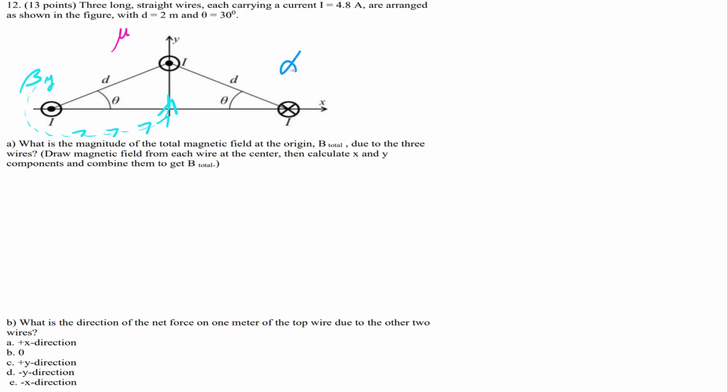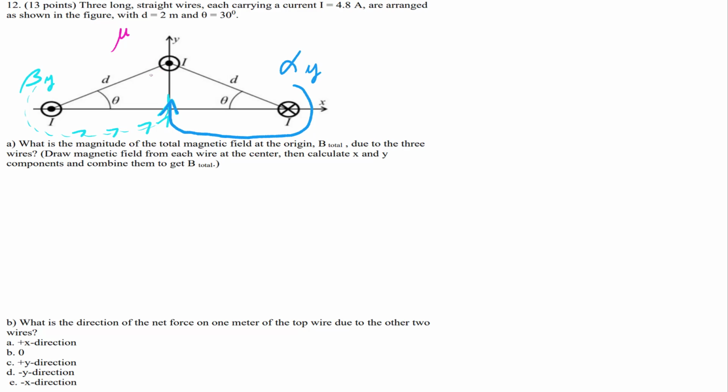Let's make that into a solid line. As we pass through the origin, we are also going to have a y component. So this one also has a y component the moment we pass the origin. I don't care about this segment right here. All I care about is the origin, right?